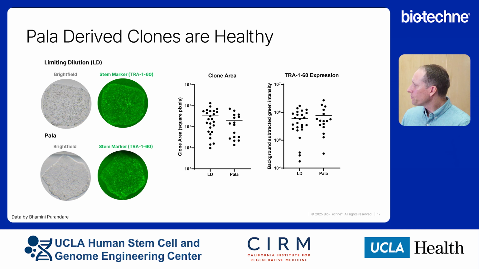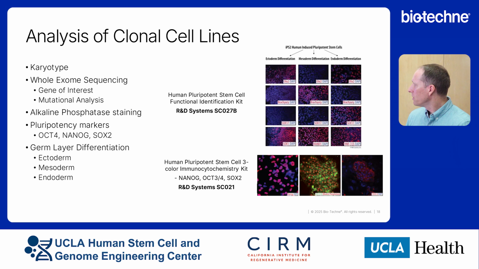And we show that the clones acquired with PALA versus limiting dilution have the same outgrowth, in terms of clone area, as we measure the clone size. Looking at TRA-1-60 expression, we found that the clones derived with PALA had a very similar profile of the TRA-1-60 marker as the limiting dilution acquired clones.